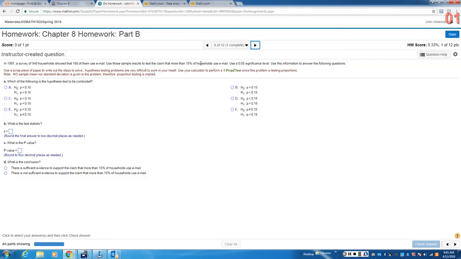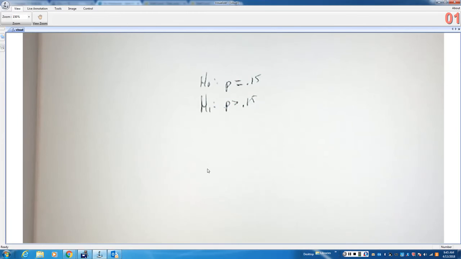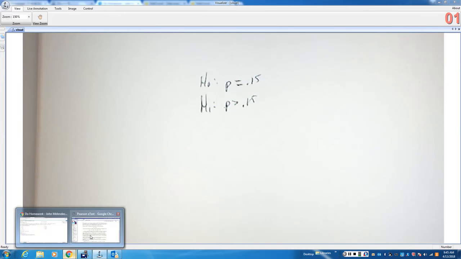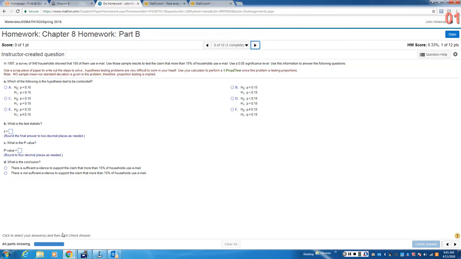So our null hypothesis is that the proportion is equal to 0.15. Now the claim is going to be more than, so it's going to be this one.